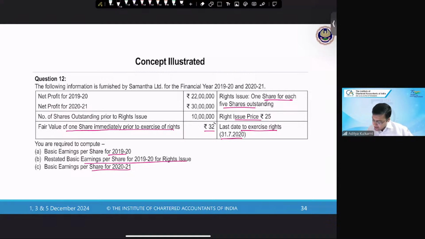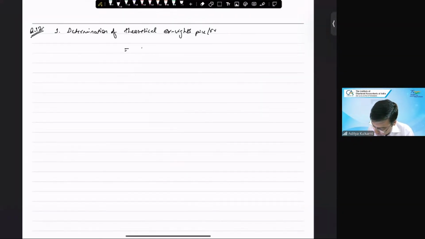So my fair value is rupees 32. So 5 shares into rupees 32 per share. Against this, you are giving 1 share at rupees 25. Do you agree? Yes. Divide by 6. Divided by 6.